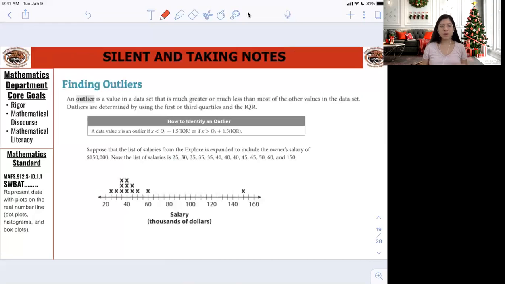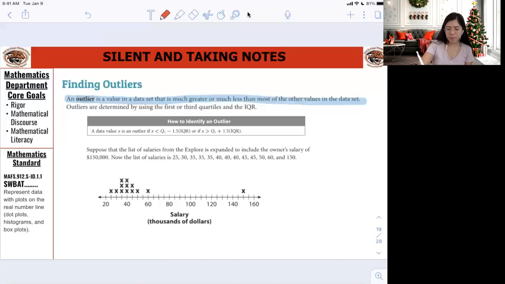All right, so on a dot plot, you can very easily see if there might be an outlier. So for example, where's the outlier in this one? Who stands out? 150, I think it's just 150.